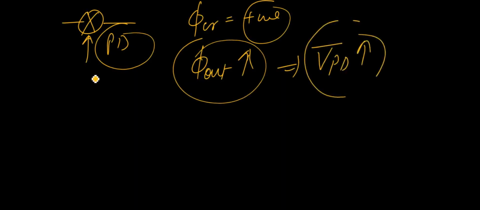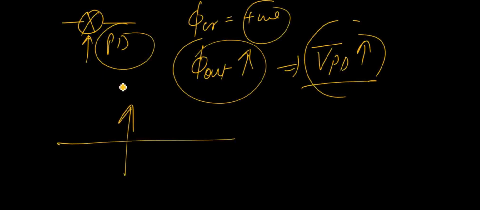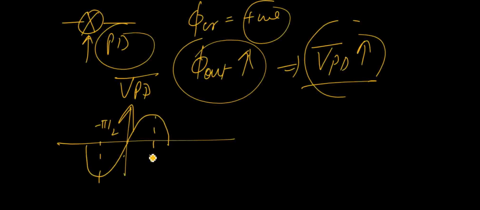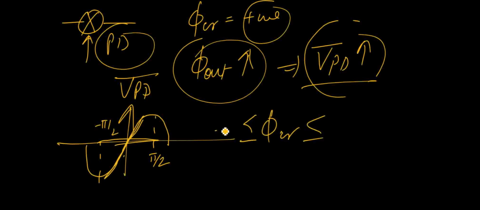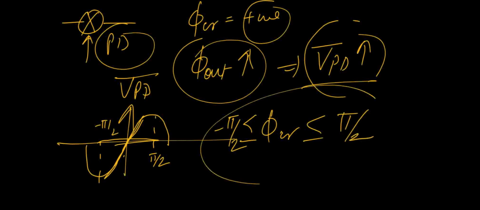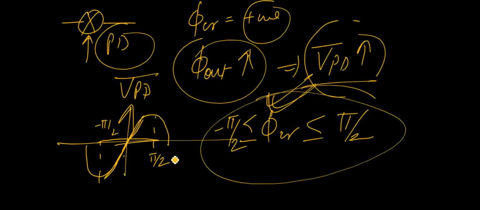We have to increase VPD bar. So if I am plotting VPD bar, the waveform was like this. From this to this range, you can see that VPD bar is increasing. So we have to keep phase error between minus pi by 2 to pi by 2. If phase error is in this range, then you can lock the PLL. And if this is greater than pi, then the PLL can't lock. So that was the first thing.